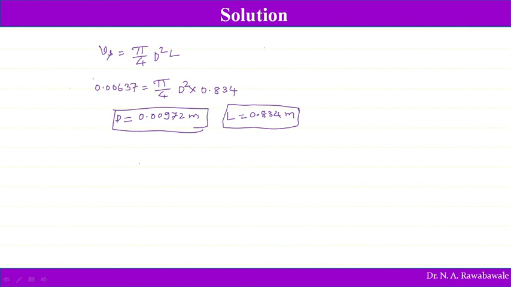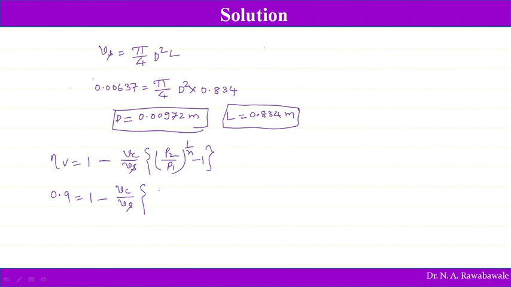Then we want to find the ratio of clearance volume to swept volume. Volumetric efficiency is equal to 1 minus Vc divided by Vs, times the bracket P2 divided by P1 to the power of 1 over n, minus 1. The volumetric efficiency is known to us, 0.9, and Vc divided by Vs we want to find out.